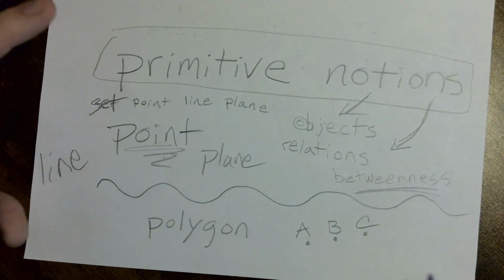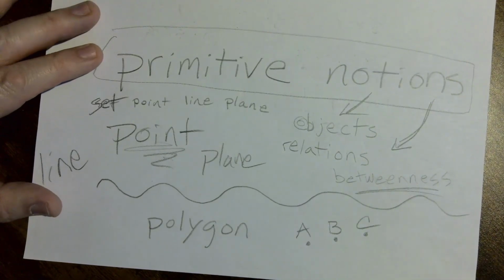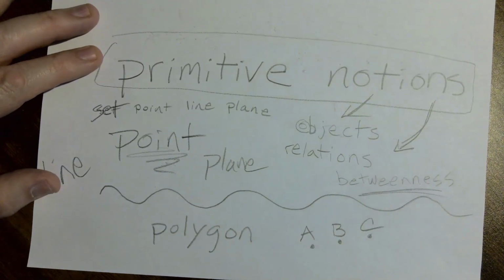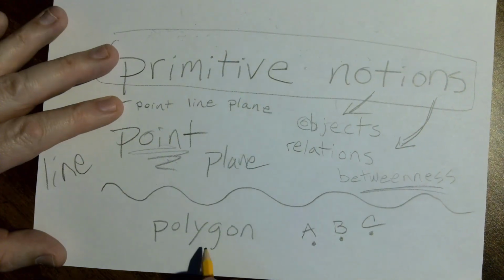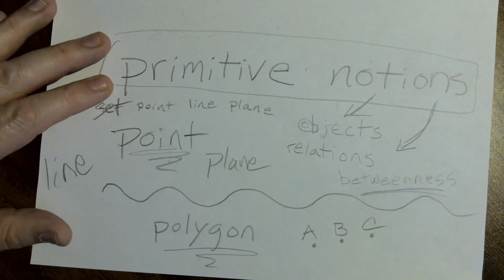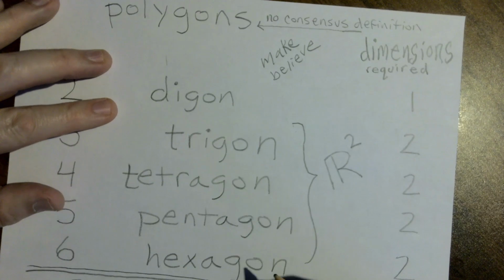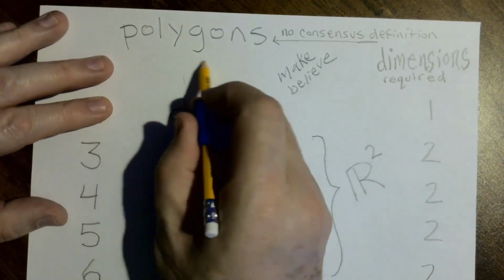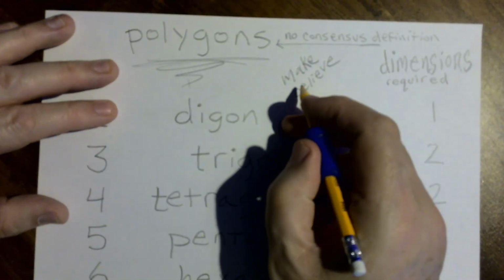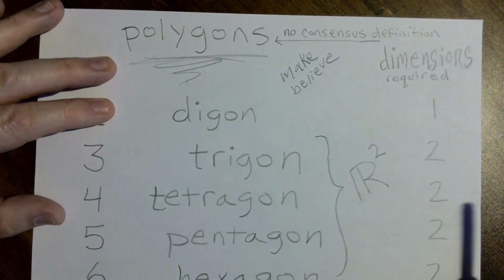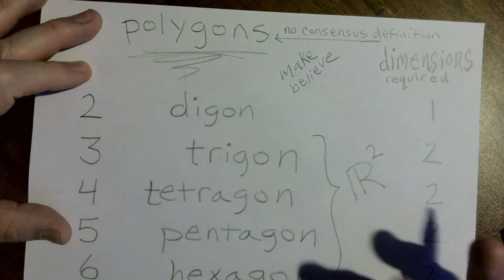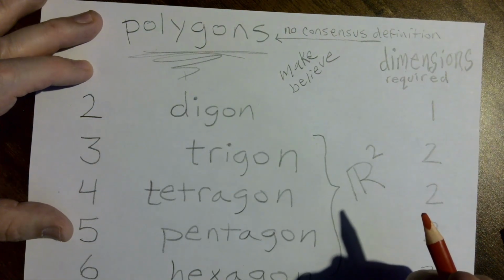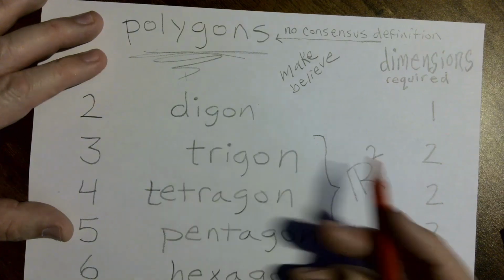And while we have definitions for circle and for trigons, tetragons, polygons, there are definitions for polygon, but there is nothing that's agreed upon. There is no consensus on polygons as a definition. But let's just make believe. Let's just pretend there's two. If we're talking about two sides in this polygon, it's a digon.